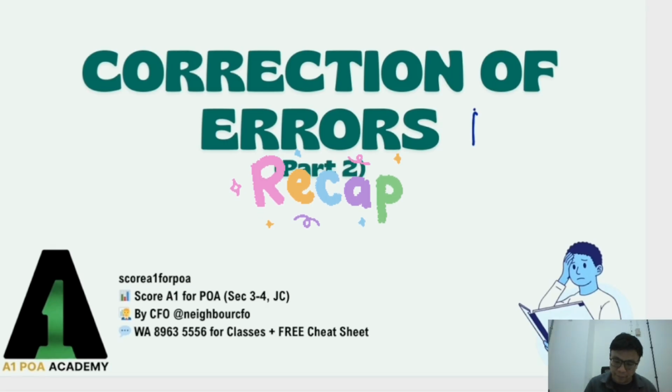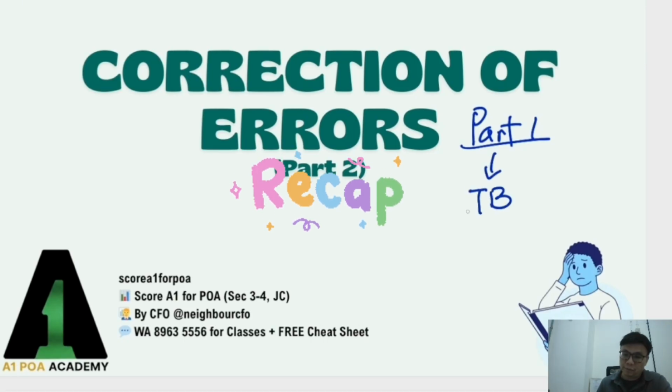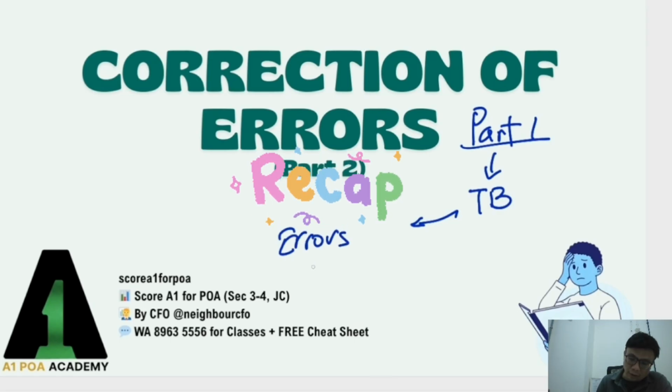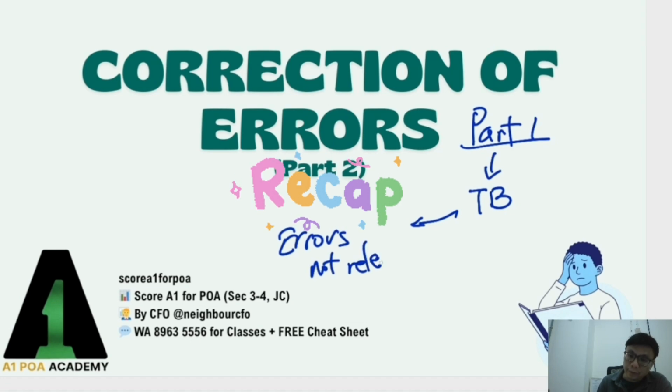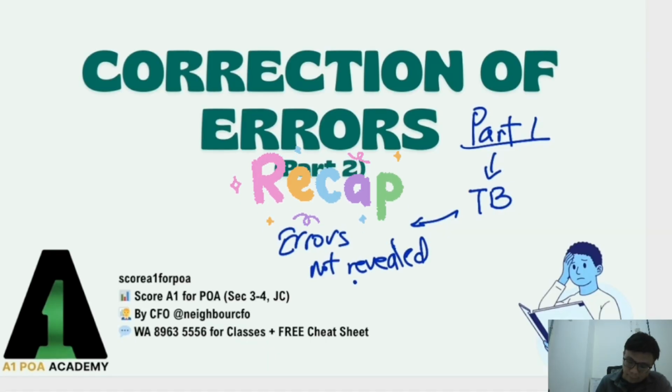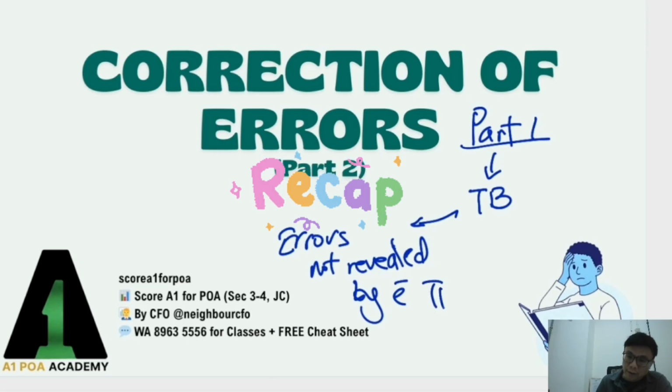For Part 1, we talk about the trial balance. In specific, we talk about the errors that are not reviewed by the TB.